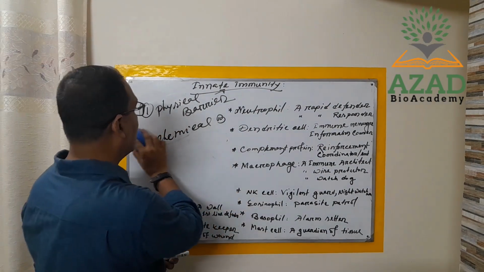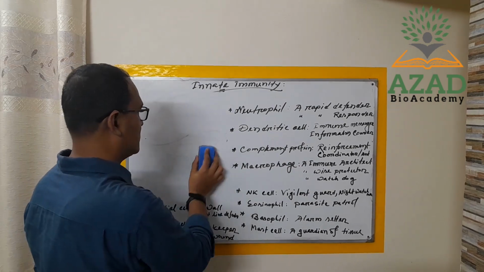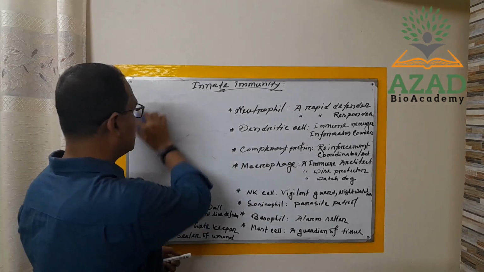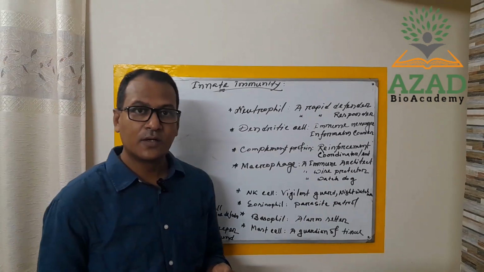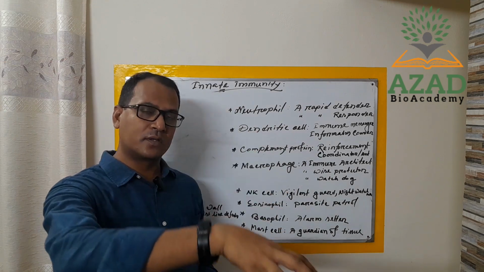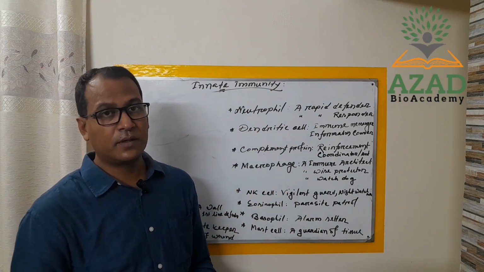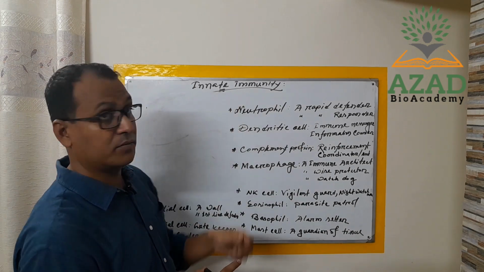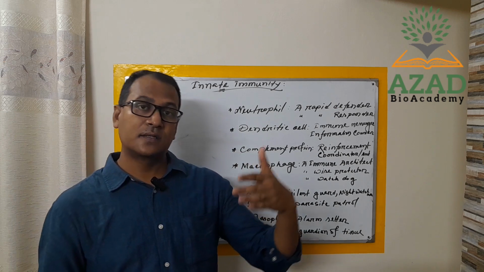Now, if your body fails to defend by inhibiting the entry of microorganisms through the barriers, then what will happen? The microorganism will enter your body. Then what will happen? I will discuss that later on.